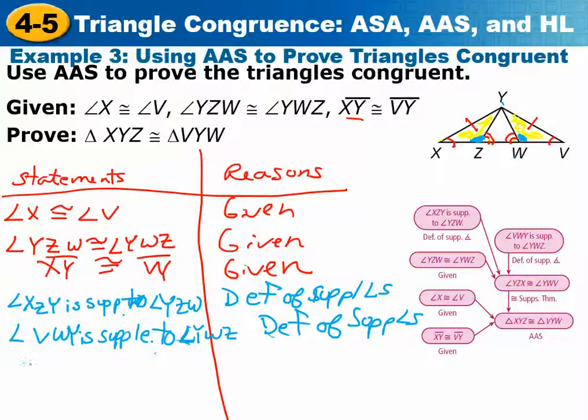Okay, now, I don't know if you remember this theorem, but it is on that proof reason sheet that you had from chapter 2. If you have two angles supplementary to the same thing, then you have congruent supplements, or you have congruent angles.